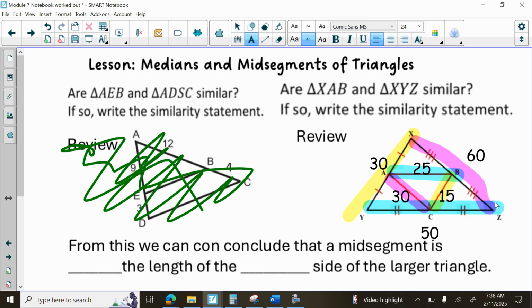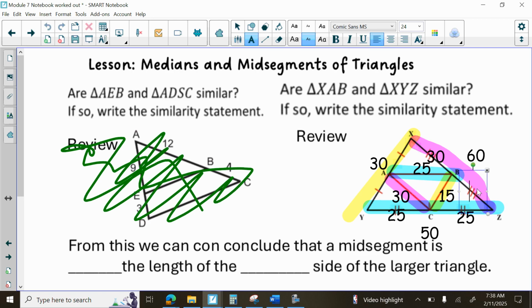Now, also, if AB is 25, what would be the measure of CZ? No, it'd be 25 because the whole thing is 50, right? And C is the middle. So that means each part, like YC, will be 25 as well. And what would be XB? 30.